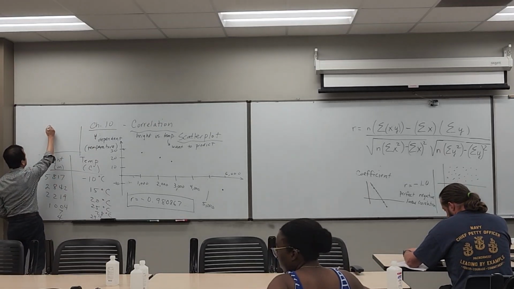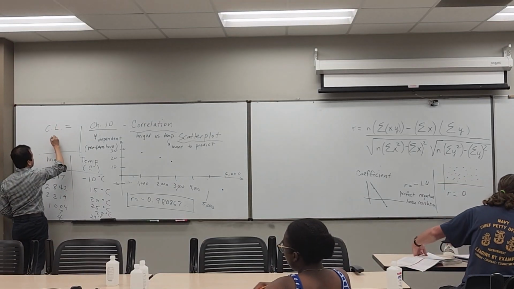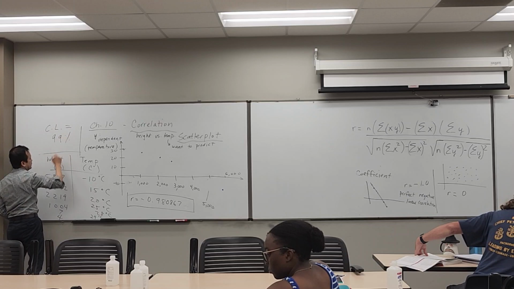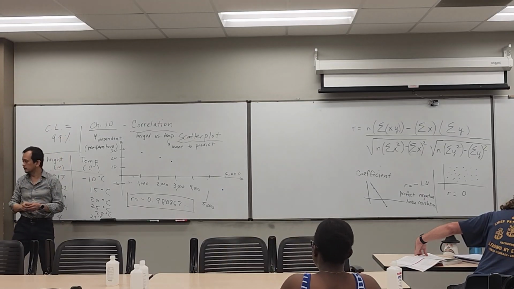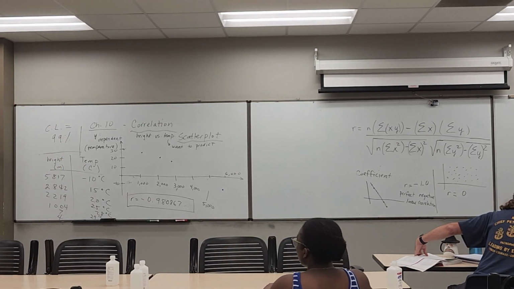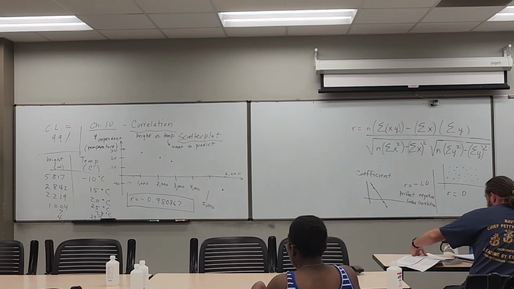And so, just like before, let's say that we want to make a conclusion with a certain confidence level. So let's say the confidence level I give you is 99%. Let me go ahead and project this table up since it's the first time we're looking at it.